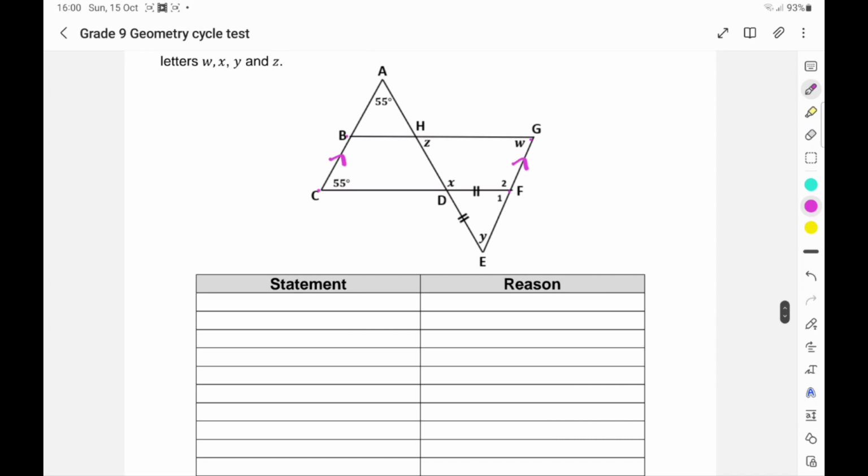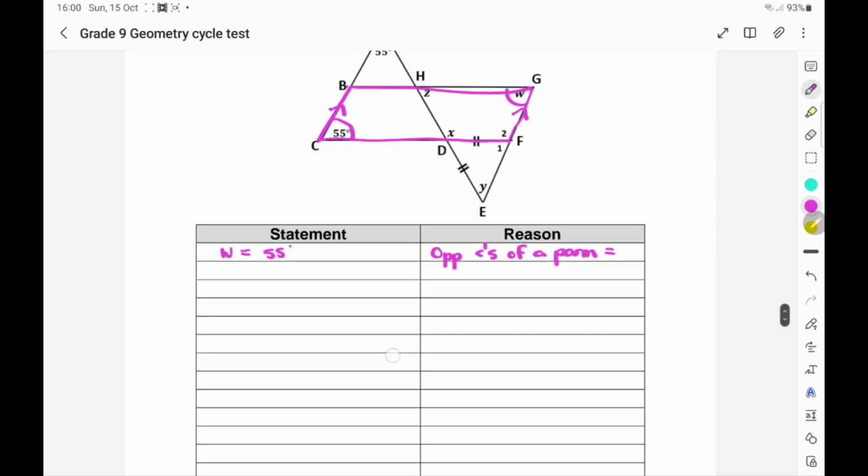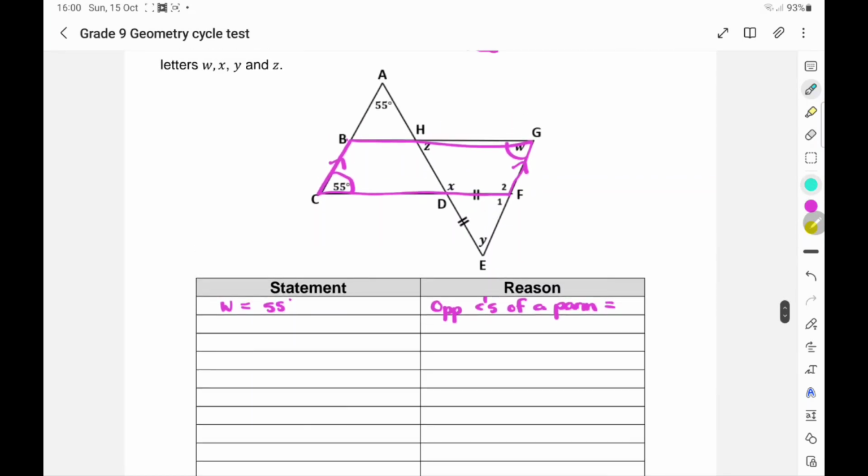Okay, so because this is a parallelogram, can you see that we know that the opposite angles of a parallelogram are equal? So W is equal to 55 degrees because opposite angles of a parallelogram are equal. Okay, then how would we find X from over here? So let's quickly have a look. You can see that there's a triangle and that leg is being extended.